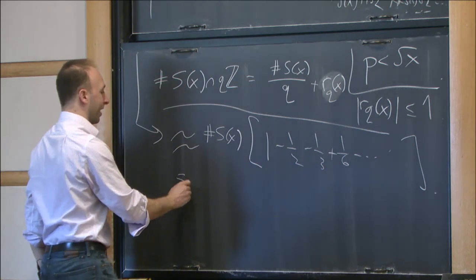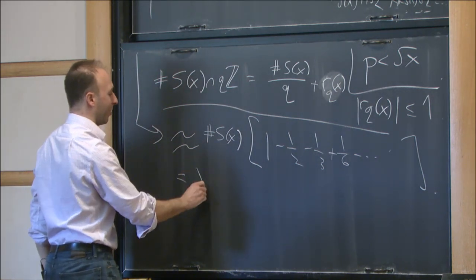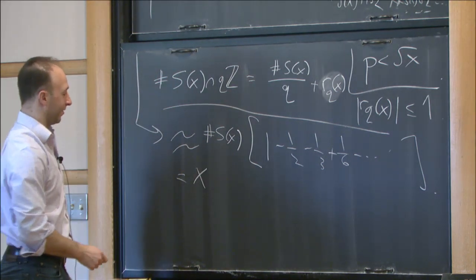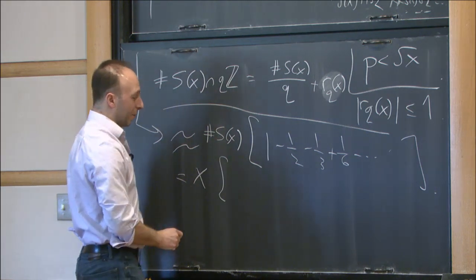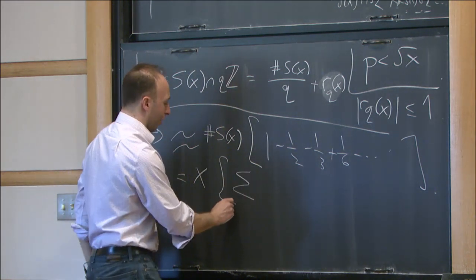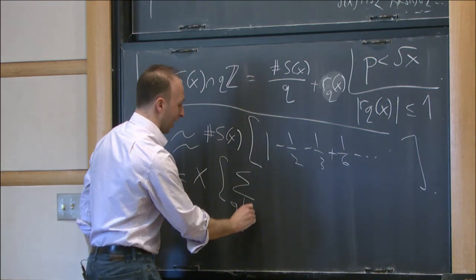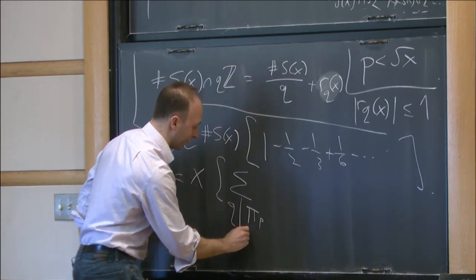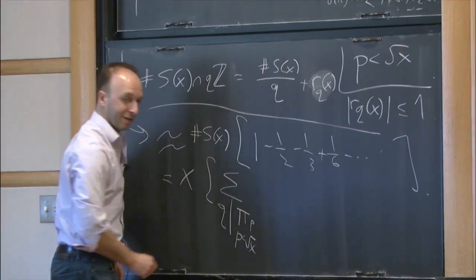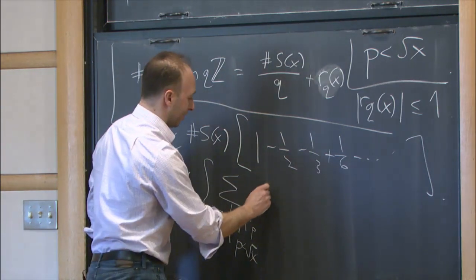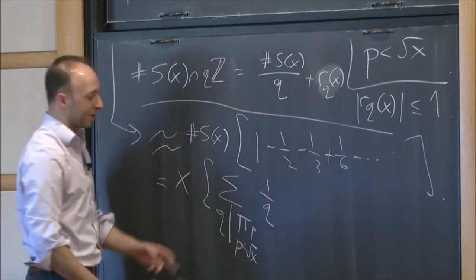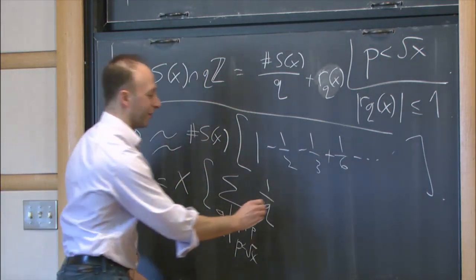And of course, we can write that as, so here's S of x. We know how many numbers are up to x. There are x of them. And what's left is a sum over all of the divisors of the product of the first primes up to root x. Each one comes with a 1 over q and some sign, and that sign is exactly the Mobius function.